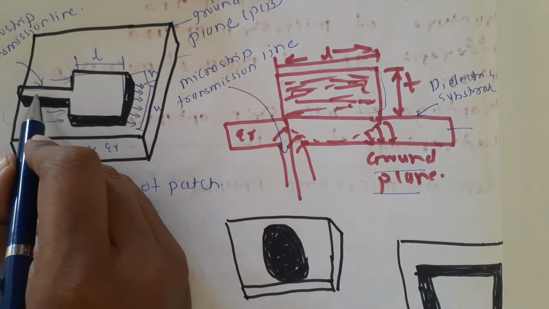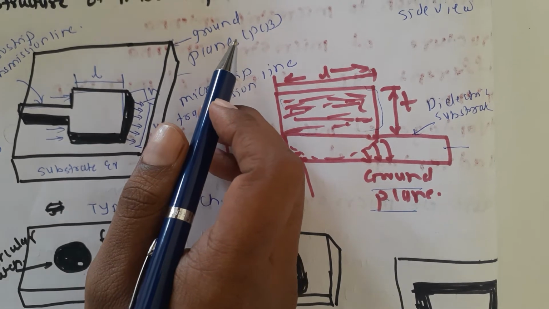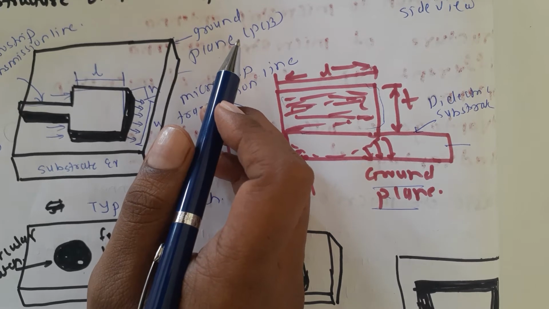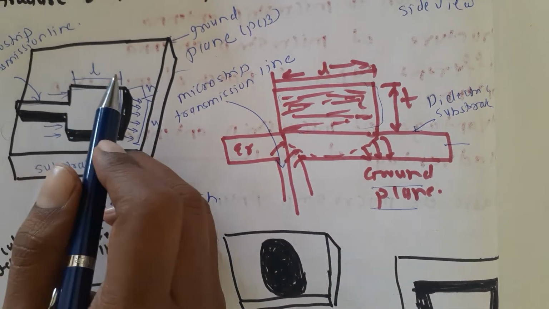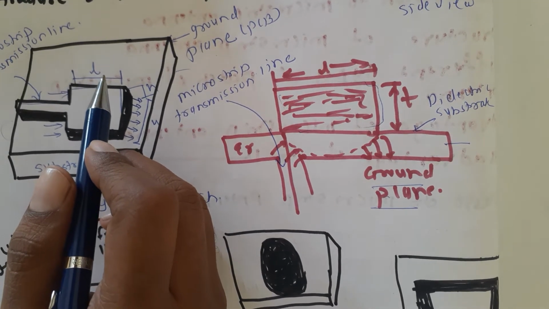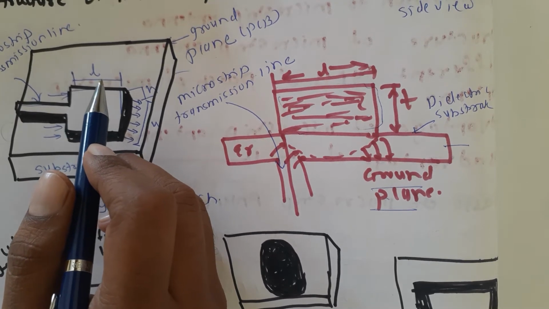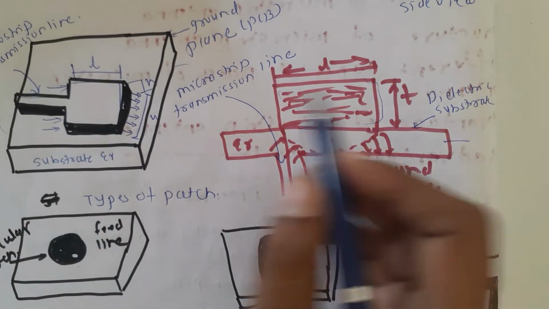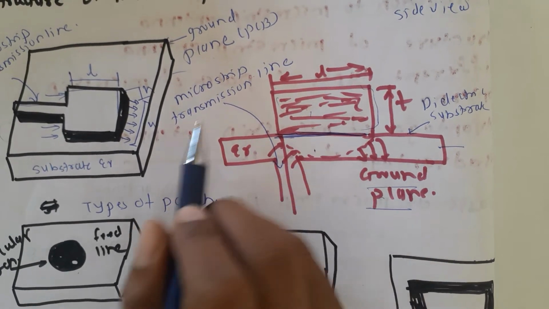Again the microstrip antenna consists of a very thin metallic strip placed a small fraction of a wavelength above the ground plane. Basically this strip patch and the ground plane are separated by a dielectric sheet, as should be shown in the figures. So this will be separated by some dielectric sheet in between the ground plane and the metallic patch.